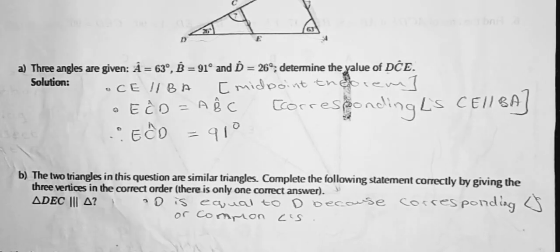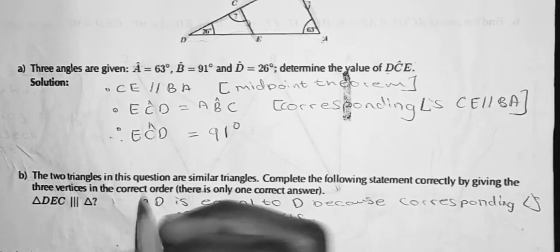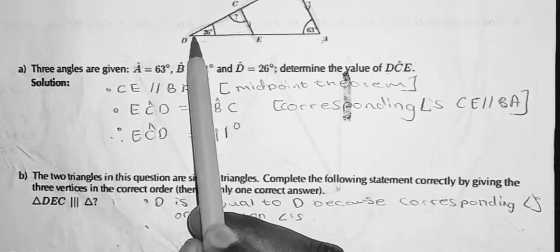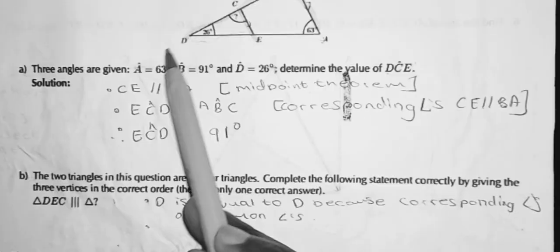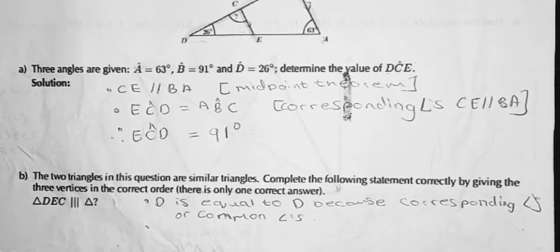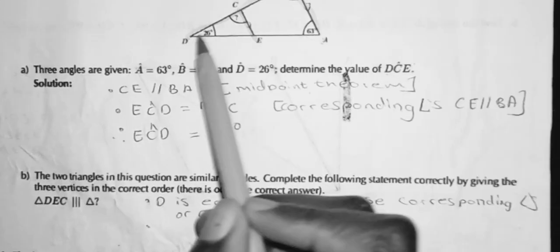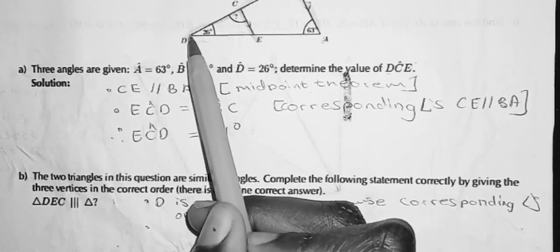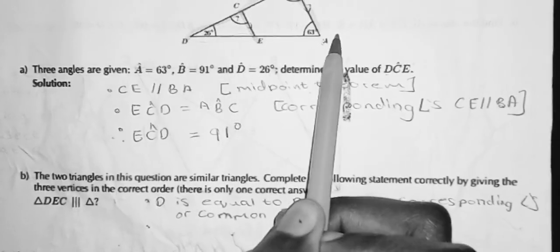So you're going to say that, okay, my angle DEC is equal to my angle CBA. Or you can say that my angle DEC is equal to my angle EAB.